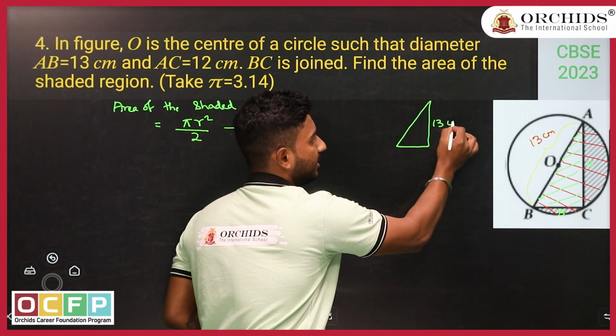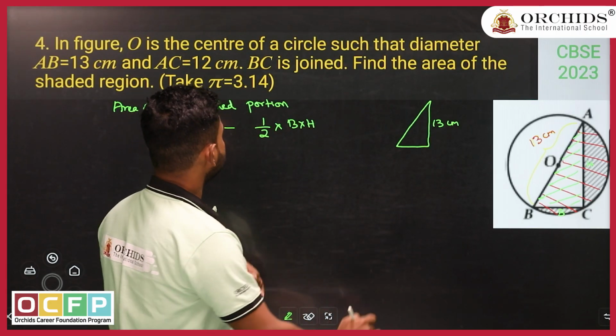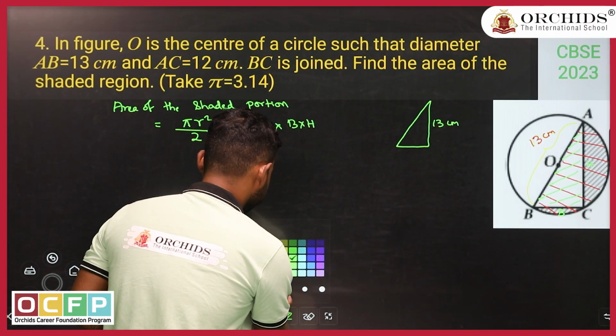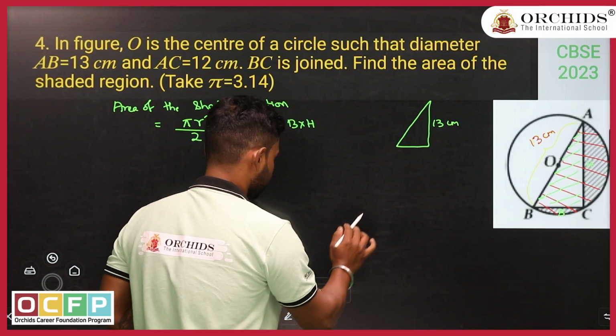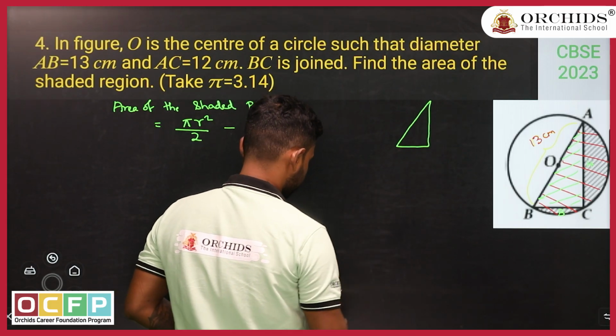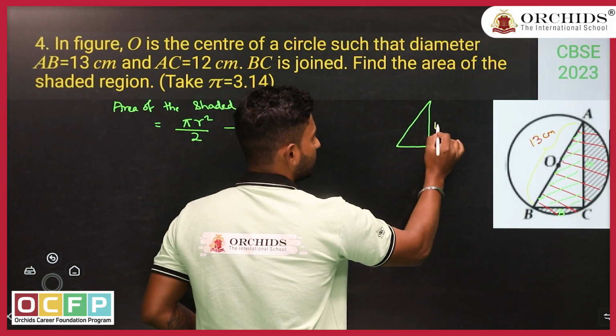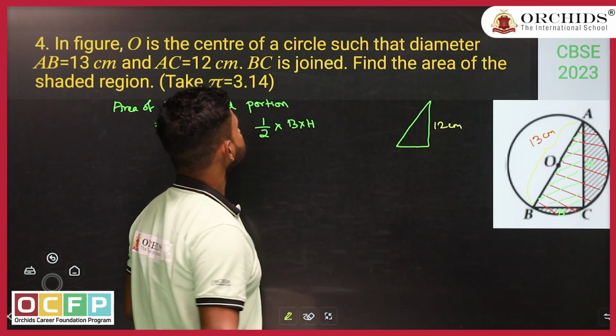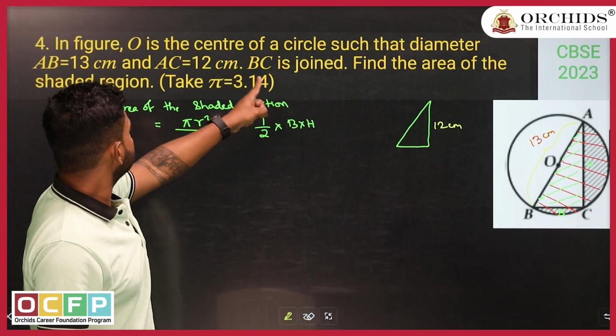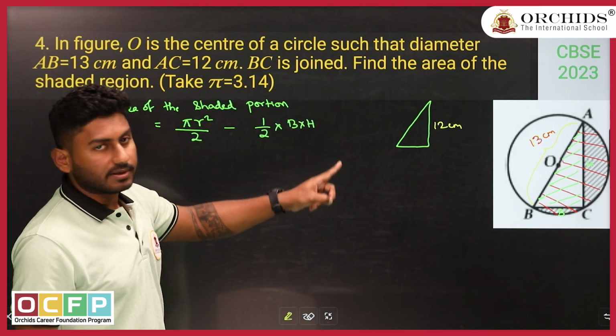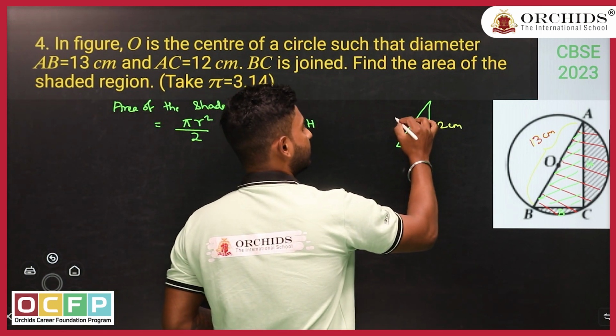This is 13 centimeter. Sorry, this is 12 centimeter. So this is 12 centimeter. The AB, the diameter length, is 13 centimeter.